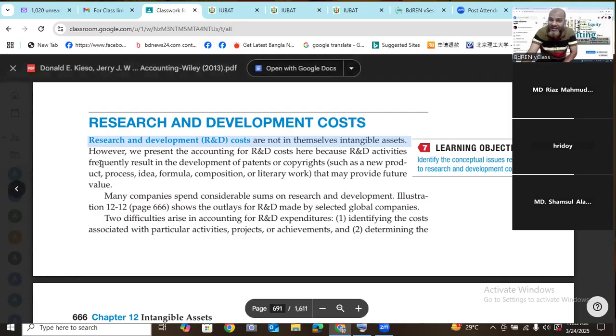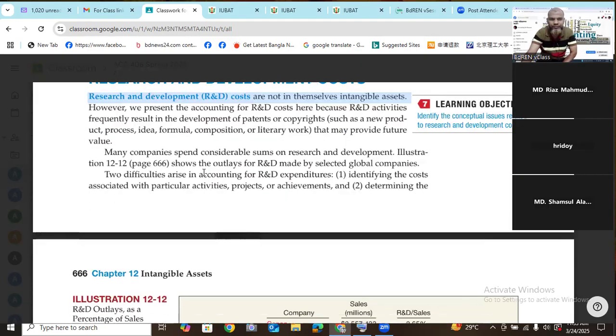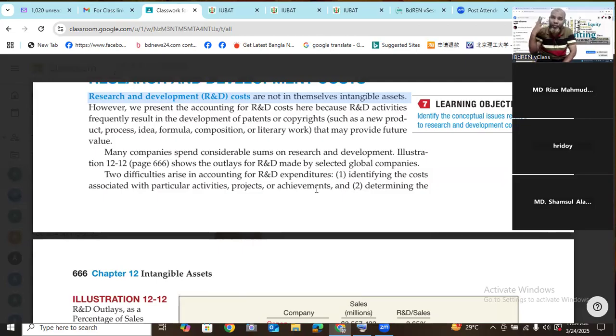It is not an intangible asset, but it gives you future value. So many companies spend considerable sums on research and development. Every multinational company spends a huge amount on research and development to create new products, new copyrights or new patents.